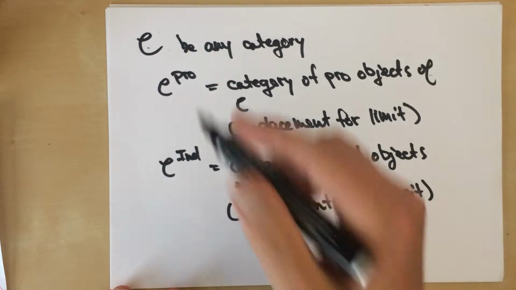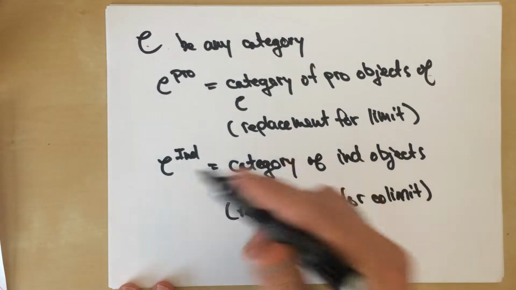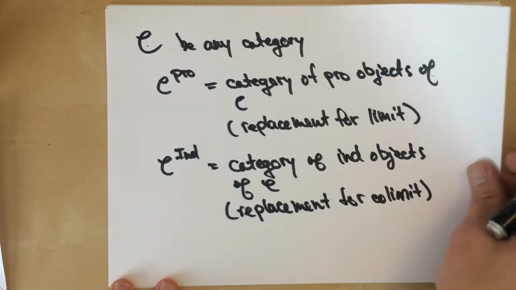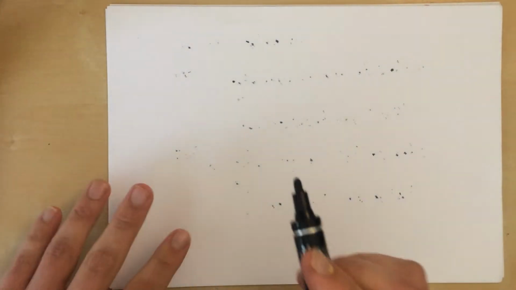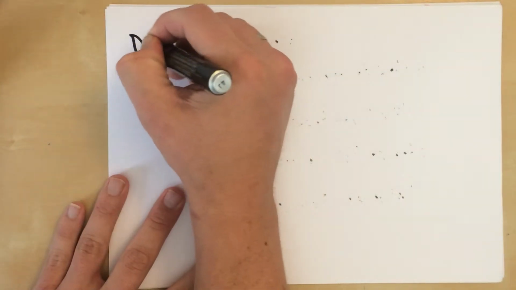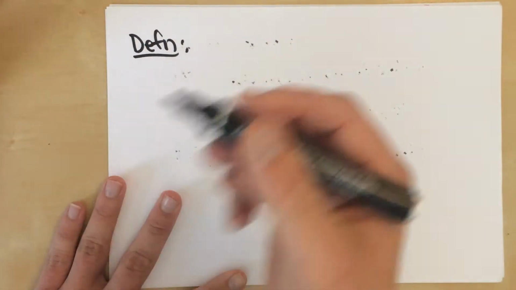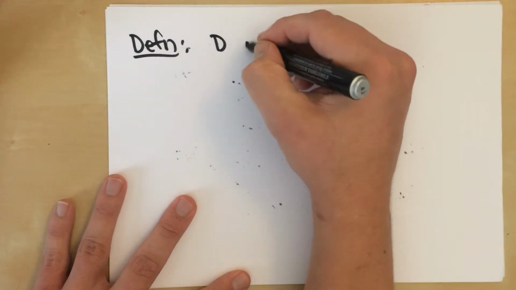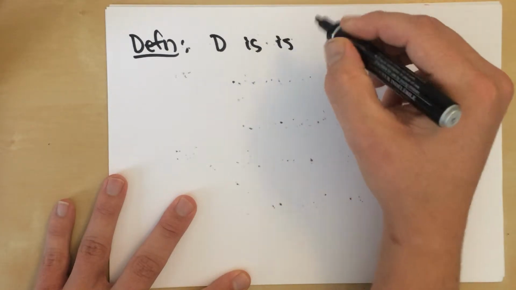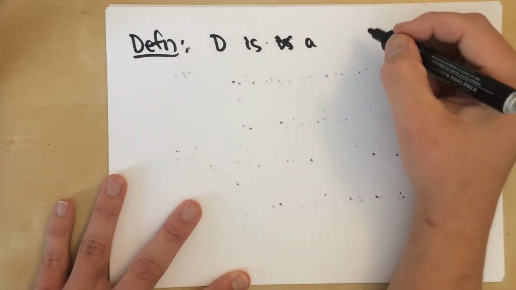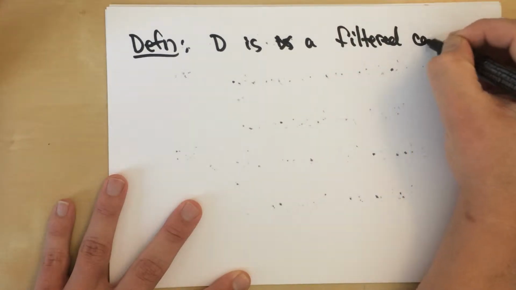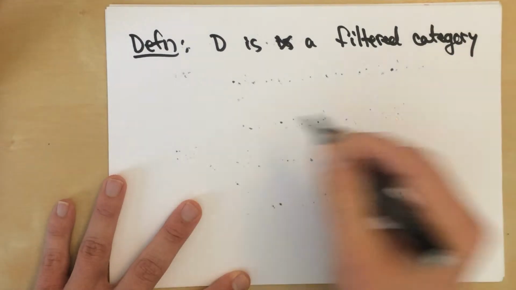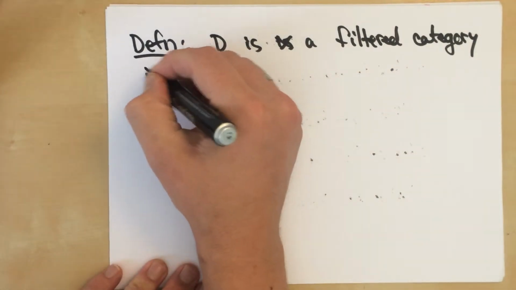So in order to give the definitions, I need to talk about diagrams real quick. Let me remind you a little bit about diagrams, and I just want to give some definitions. So, D is a filtered category if the following holds.